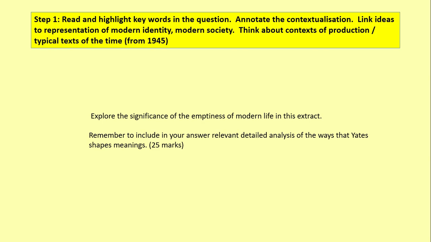So I do it in this order. So first of all, let's look at some keywords. Our question steer is the emptiness of modern life. That's what we've got to focus our argument on. We've got to start thinking about, does this extract express emptiness as a modern condition? How does the literature do that? And so on and so on. So we've got to keep that in mind.